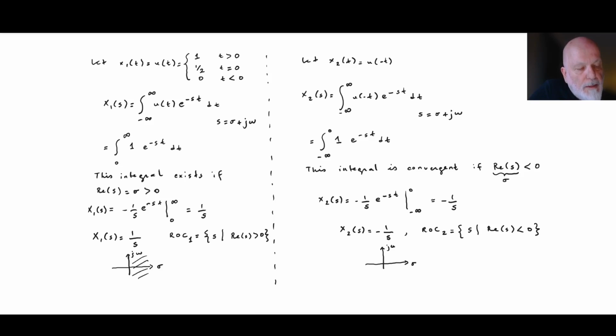So this is the region of convergence for x1 of S, and this is the region of convergence for x2 of S. So this is the calculation of the Laplace transforms of u of t and u of minus t.